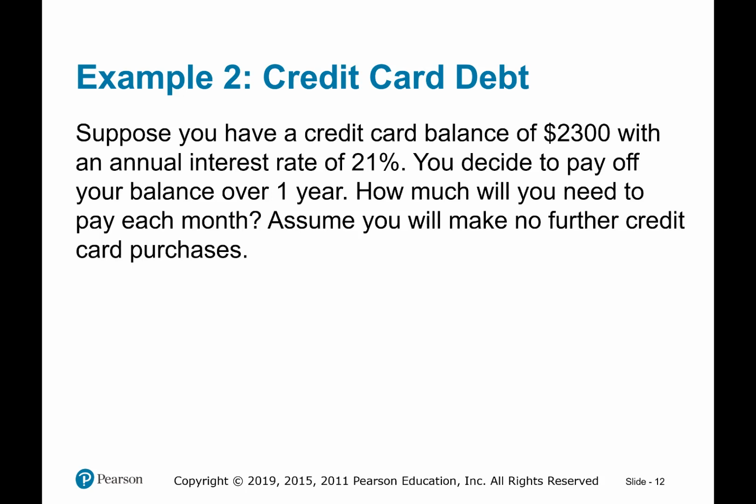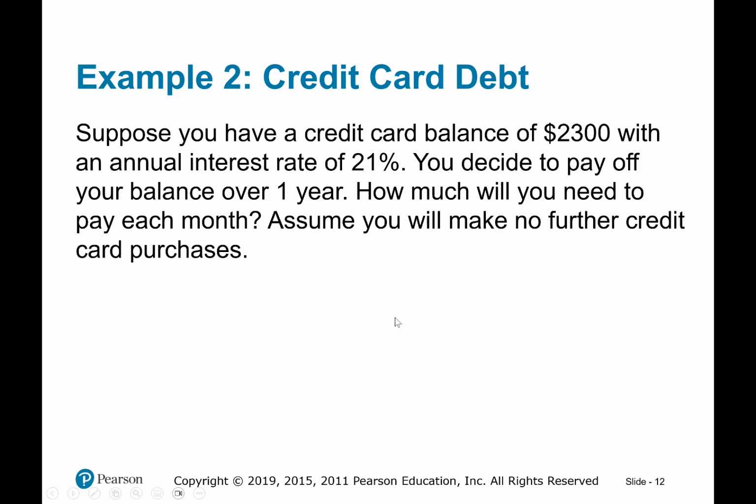Okay, so now basically what you're doing here with this credit card is you're treating it like an installment loan. So you have a balance of $2,300. The interest rate is 21%. You're going to pay it off in 1 year, and you're going to make 12 monthly payments, and you're not going to use the credit card at all.